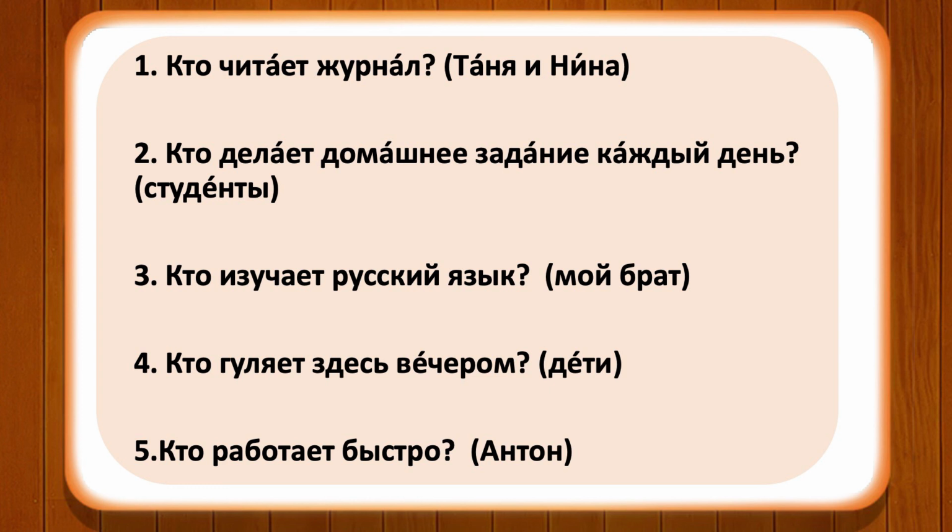Кто работает быстро? In the bracket, the name is Антон. Антон работает быстро. The verb will not change because Антон is he. Он работает быстро. So, кто работает быстро? Антон работает быстро.